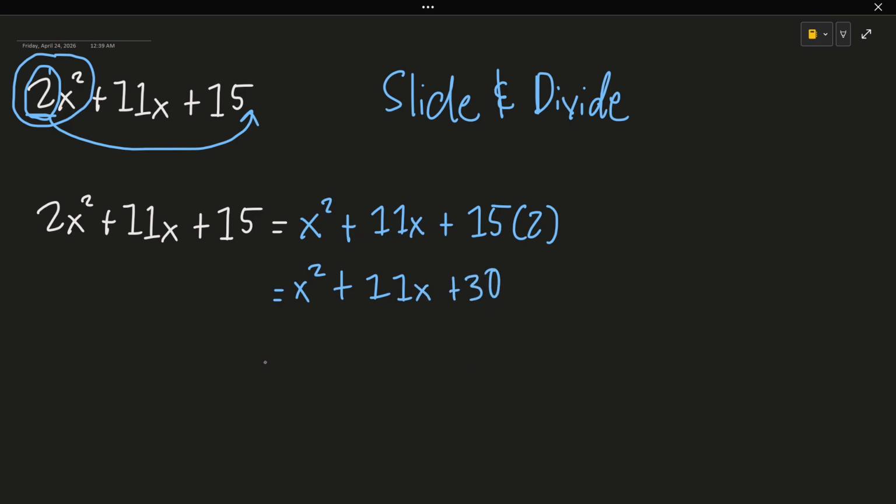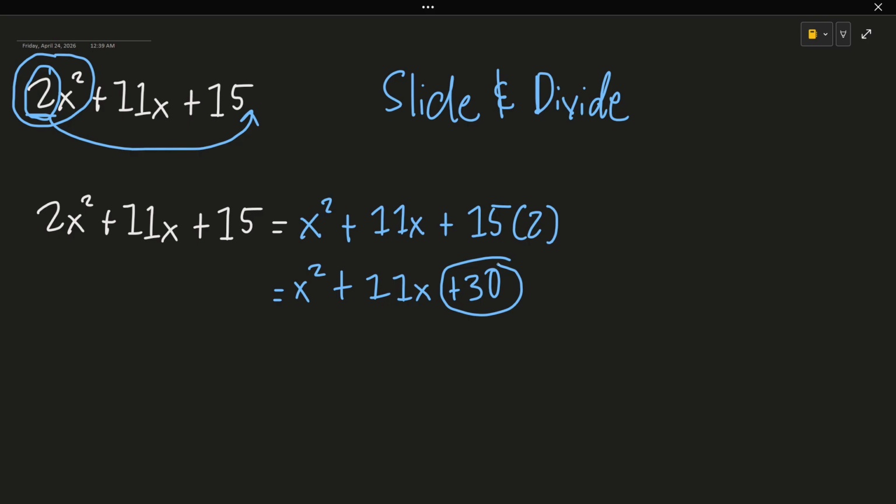Now take a look. Look at the number beside x squared. It's 1, right? I told you, there's no number beside x squared, it's 1. So now, what we did before is what we're going to do here. Because we have a number 1 beside x squared, we're going to focus on the constant term and find the two numbers that if we multiply them, the answer would be 30.